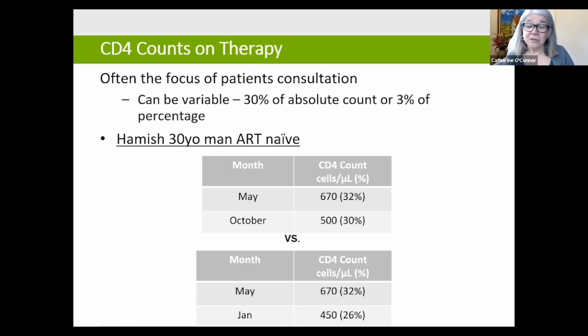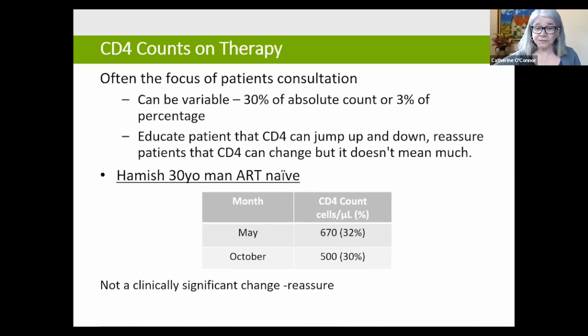So when Hamish comes in, he's probably going to be a little bit concerned about this. Let's look at another reading that's possible for Hamish. He starts with his 670 and his 32%. When he comes in January, it's 450 and 26%. Would we be equally concerned about both changes in reading?